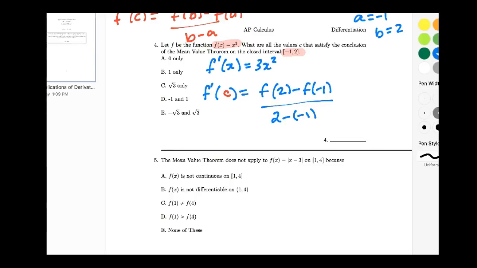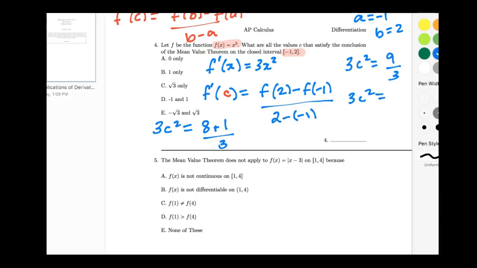We're going to say that 3c squared, that's f prime of c, is going to equal f of 2, which is 8, right? 2 cubed, minus -1, which is +1, all over 3. So 3c squared is going to equal 9 over 3. 3c squared equals 3.